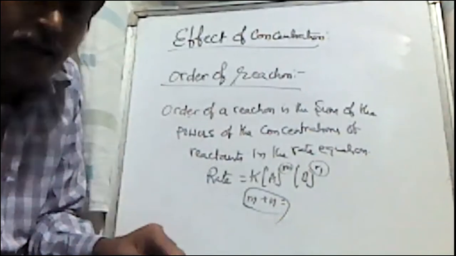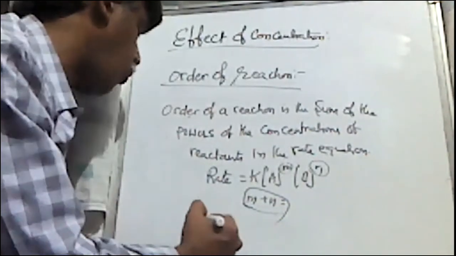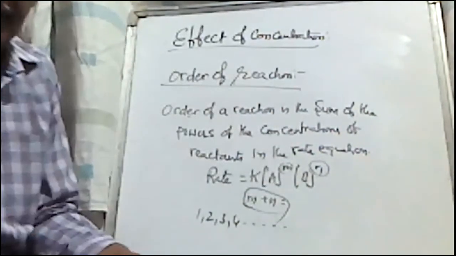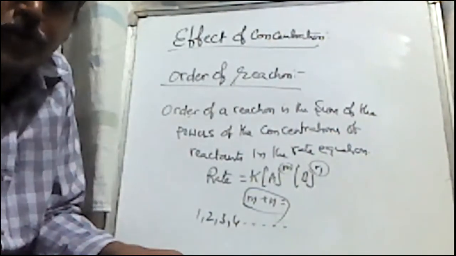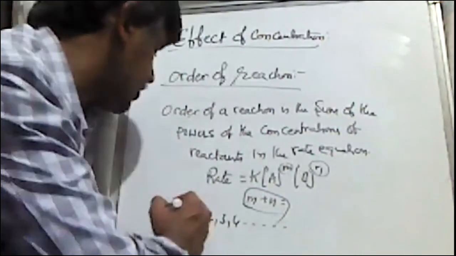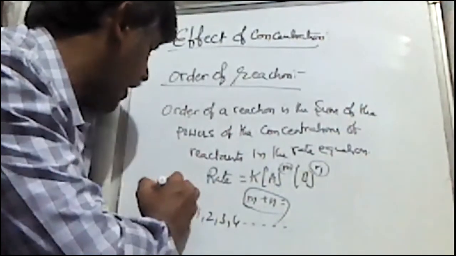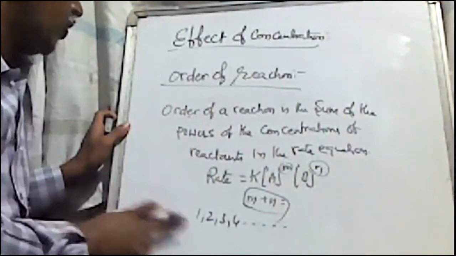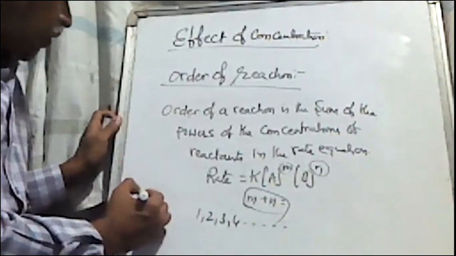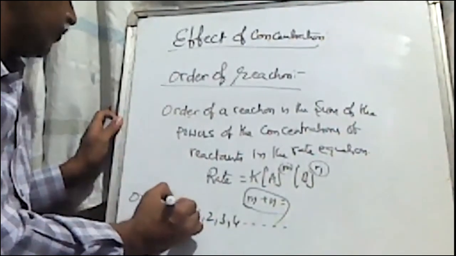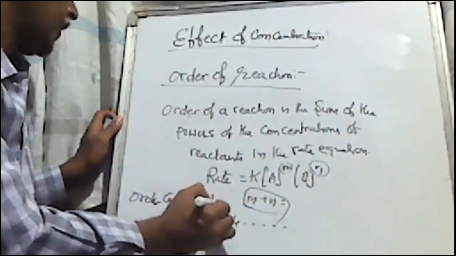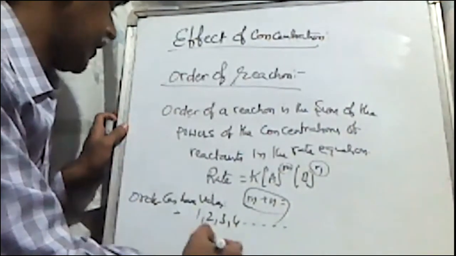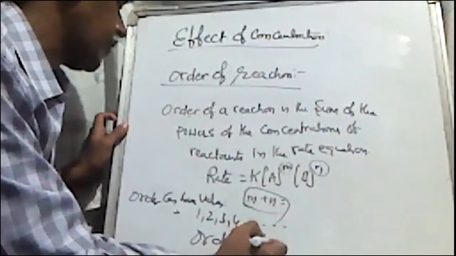Here the order can be 1, 2, 3, 4 and so on. The order can be 0 also.